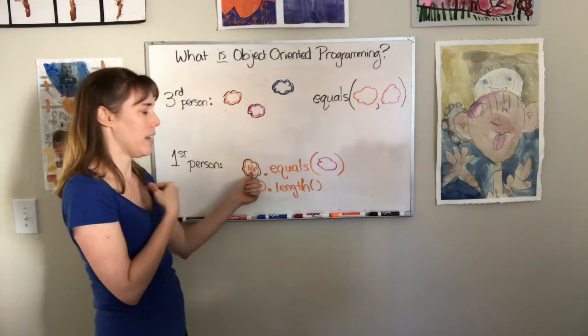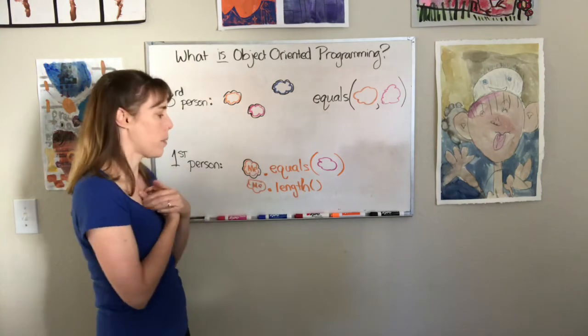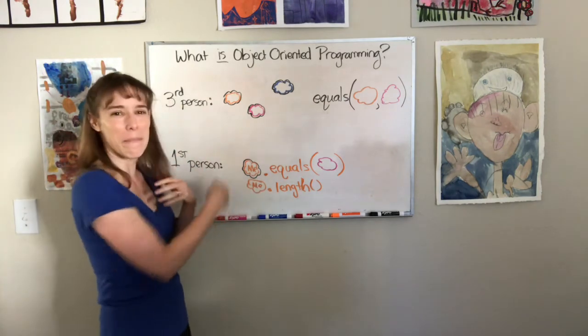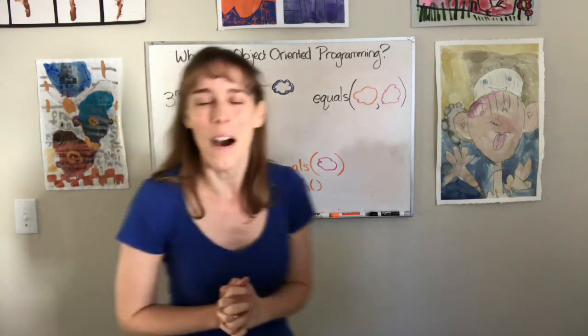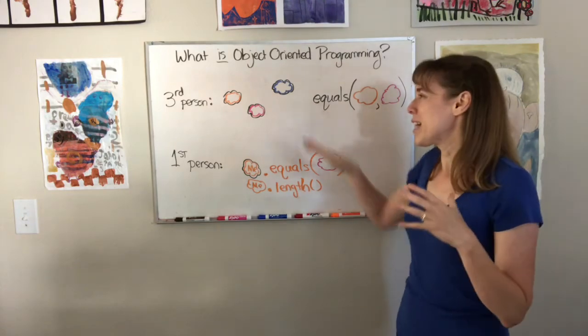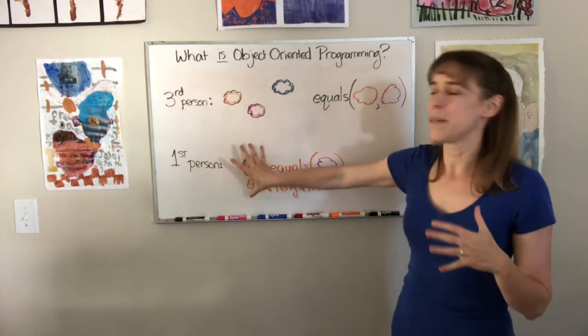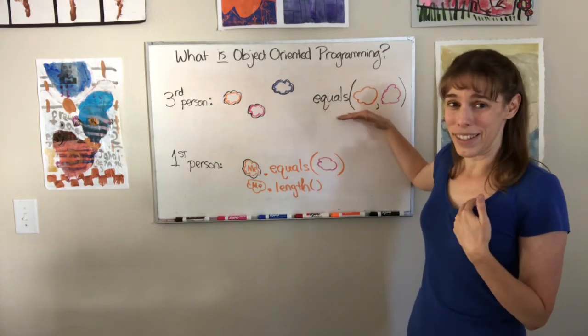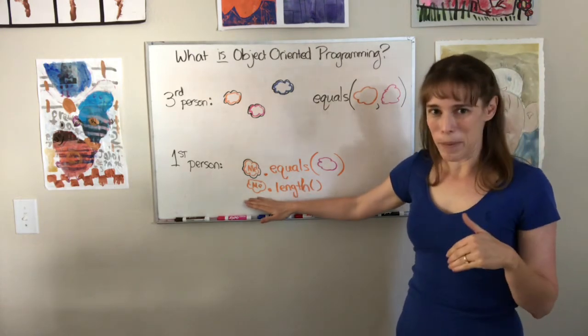This is very first person, it's me. It's like teenagers' view of the world, right? It's all centered around me. Okay, maybe that's not you. Anyway, that's kind of the difference between the kind of programming we've been doing before and something that is more object-oriented. And you'll notice that these are static methods, and these are instance methods.